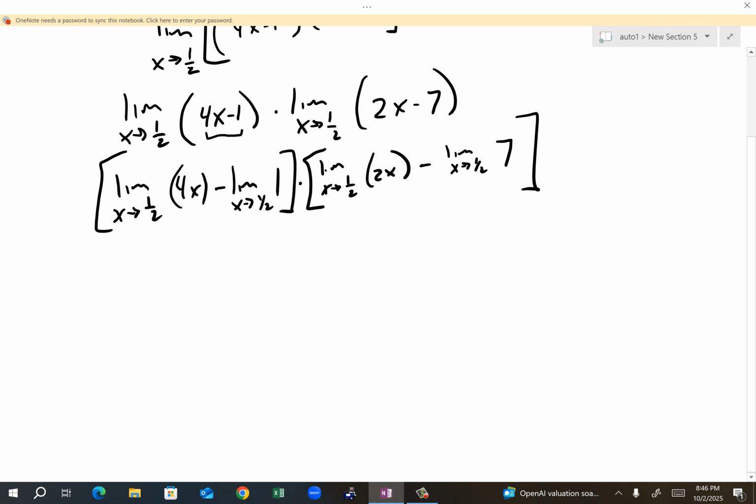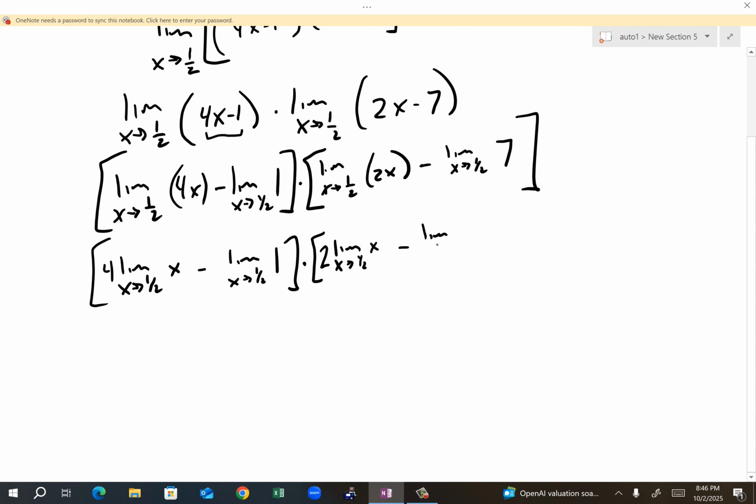Wait a minute, what about this 4? You can pull it out front. All right, sweet.